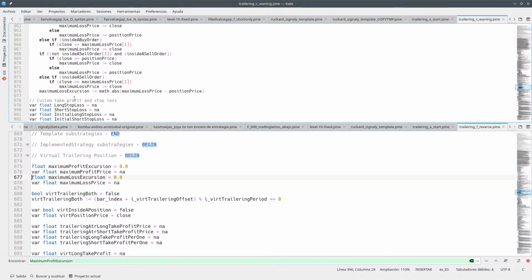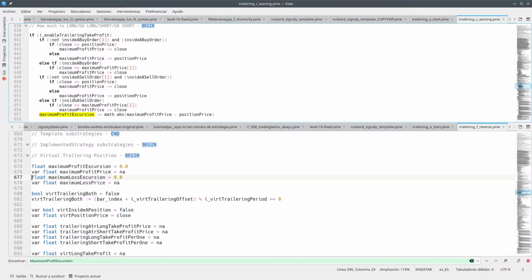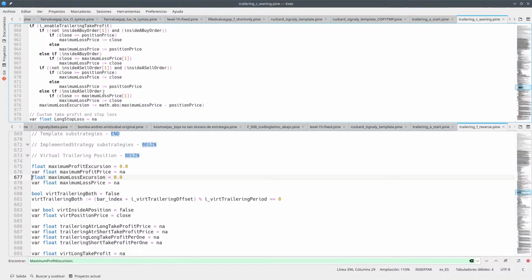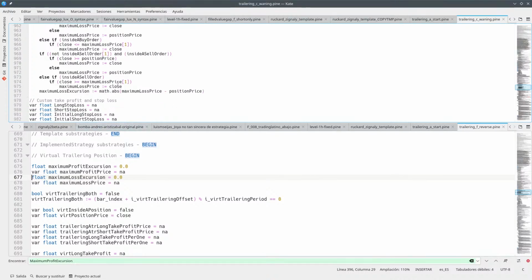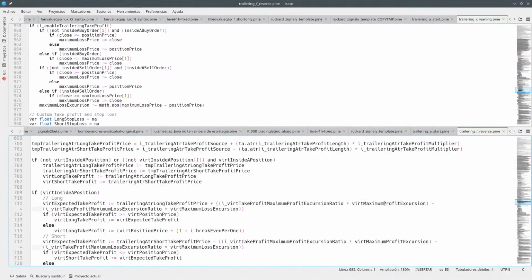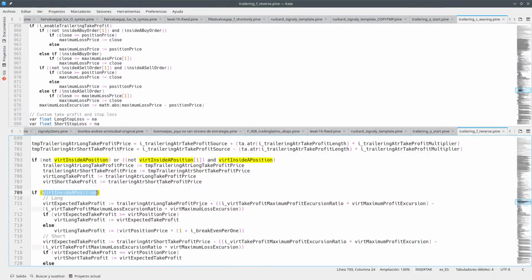And what the hell is this? Maximum loss excursion. That's a good question. Where the hell do we want to run all of this? Because we have this maximum profit excursion here, which is, well, whether we are inside the position or not.